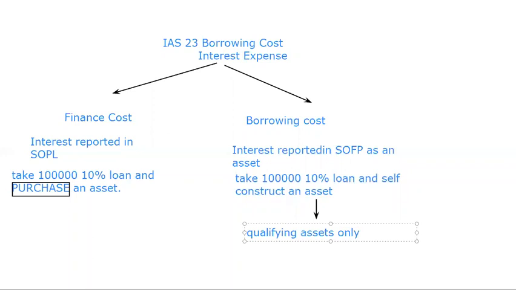Only qualifying assets. If I take a 100,000, 10% loan and I self-construct an asset, that asset has to be a qualifying asset for the interest to be capitalized, right?